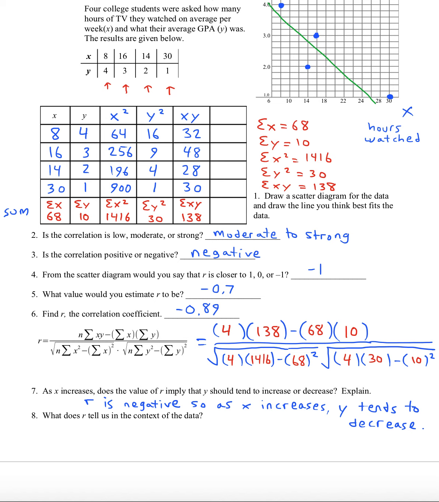What does r tell us in the context of the data? Here's where we want to relate it to the situation that was described earlier.